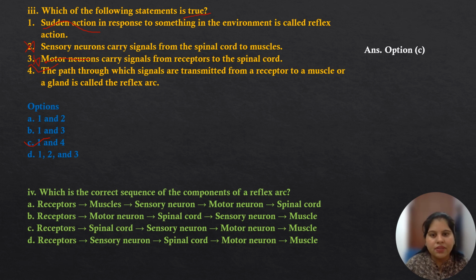Then it transfers its information to the spinal cord. Then spinal cord sends the information to the motor neuron, and then motor neuron transmits that information to the muscles. So according to us, option D should be the correct. Yes, option D is the correct.